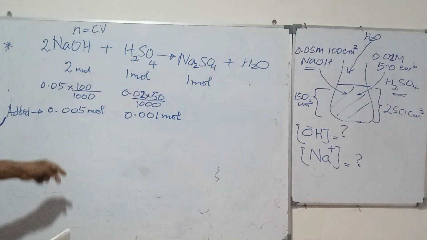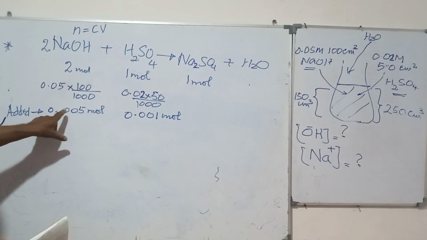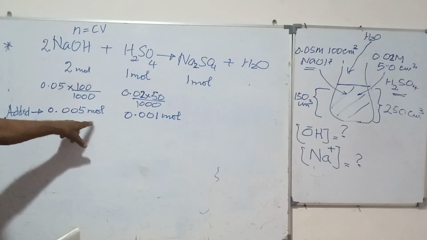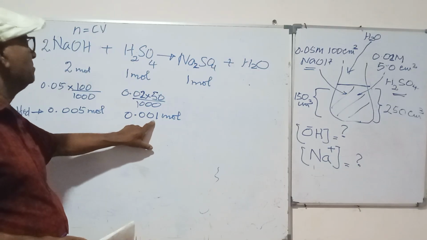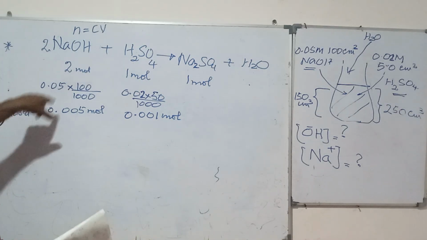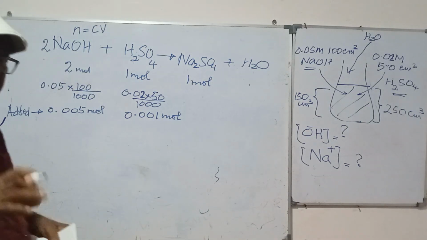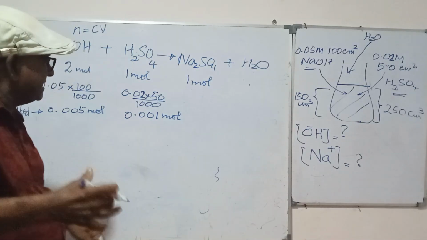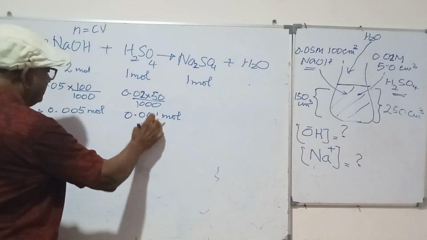So it is clear that NaOH was added 0.005 mole. Sulfuric was added 0.001 mole. These are the added amounts of NaOH and sulfuric. Then, do they react with each other? 0.005 reacts with 0.001.